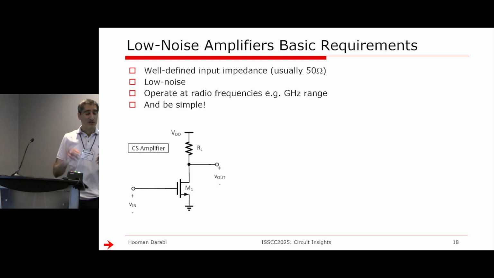Now, what about the other requirements? It does the amplification. The gain is gm times RL. We know that. Does it work well at high frequencies? For that, we have to attach all the capacitors associated with the transistor. And there are 3 of them, one from gate to source, one between input and output, CGD, one at the output, which is everything, the junction, load, and everything else, CL.